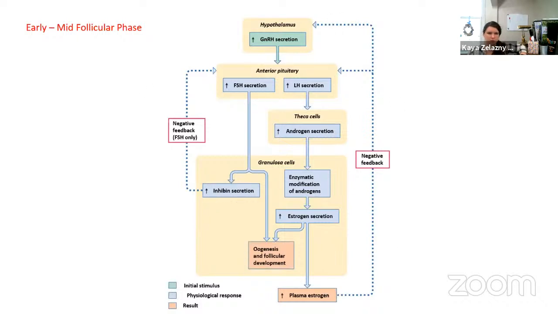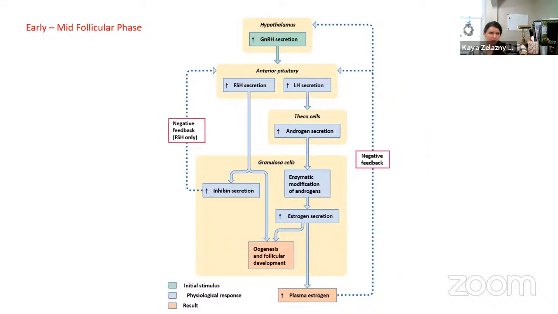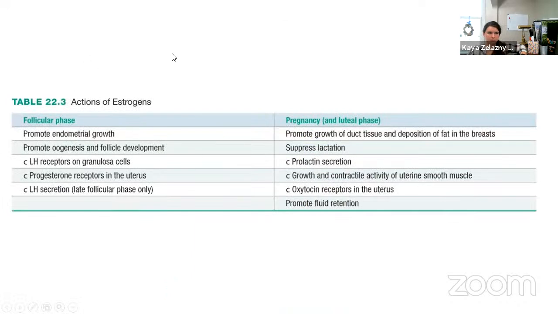So early on in development, LH and FSH are ultimately helping our follicles develop and secrete estrogen, but estrogen also suppresses this system. We're not worried about these.